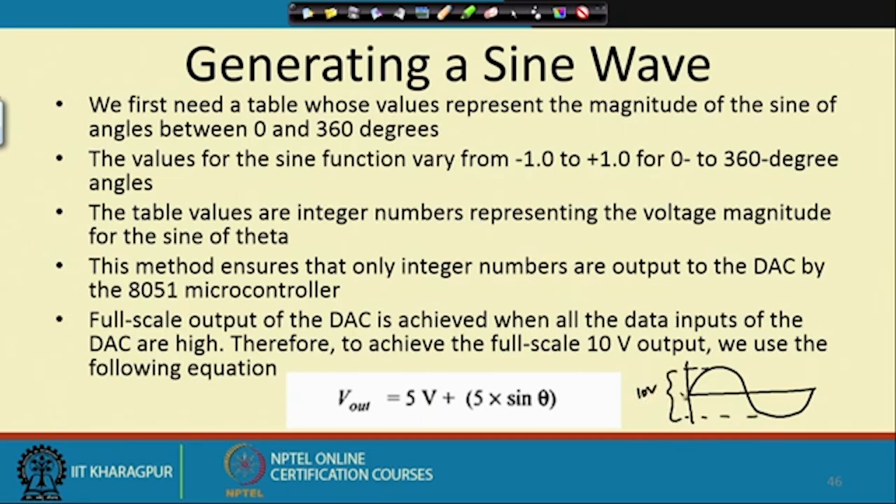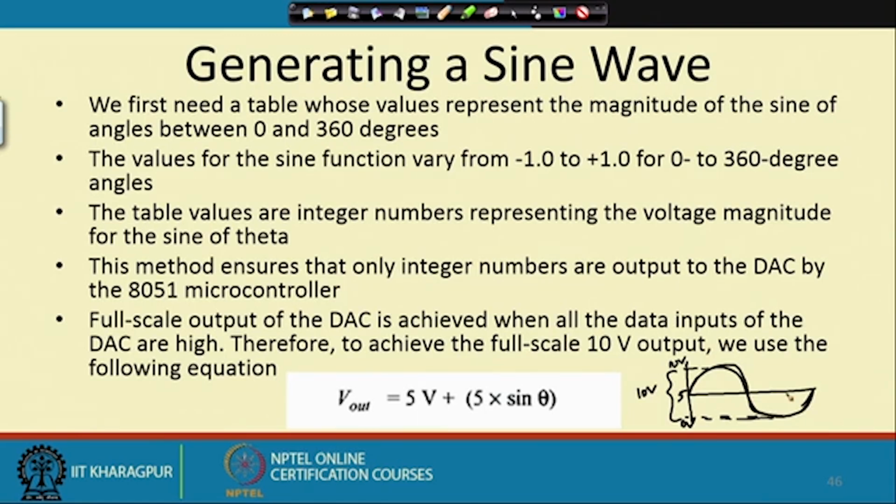So, this minimum point is 0 volt, this point is 5 volt, and the maximum point is 10 volt. So, you have got a DC offset of 5 volt. With that we are generating this 10 volt magnitude sine wave.